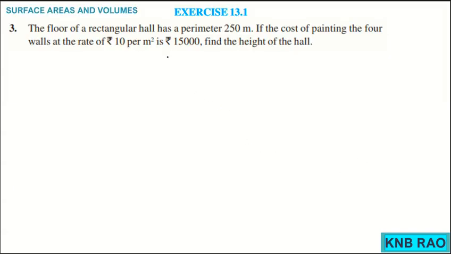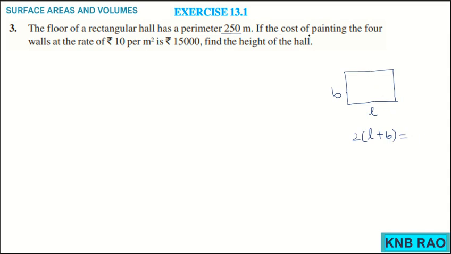In question number 3, the floor of a rectangular hall has a perimeter of 250 meter. So, in a hall, the perimeter of the floor is given, that means 2 times (L plus B) is given already.